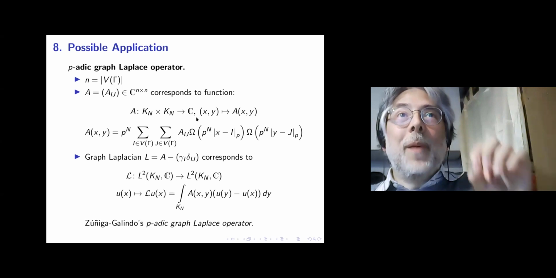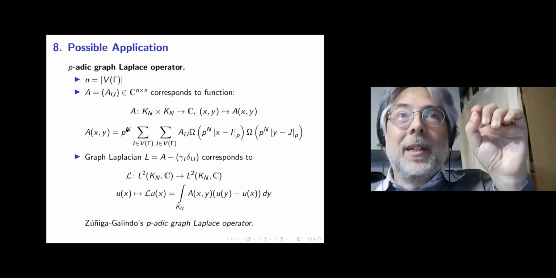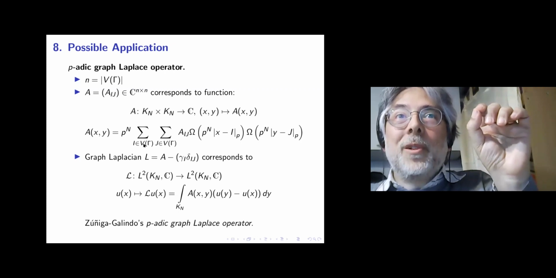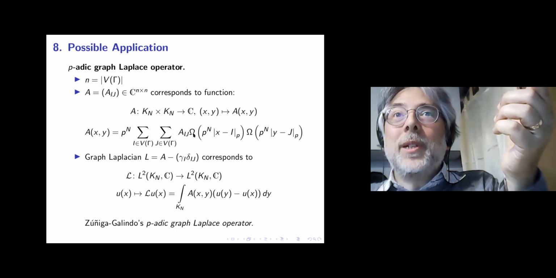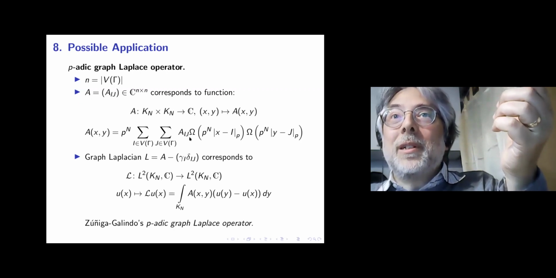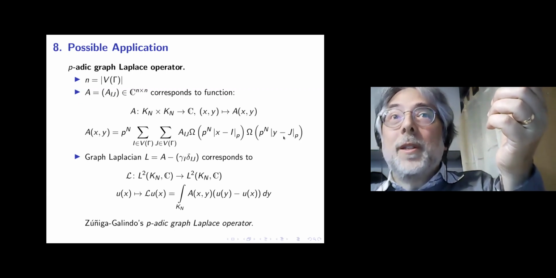So from a matrix, you make a function by taking summation over all the vertices twice, and then take here the matrix entry and indicator functions for these balls.